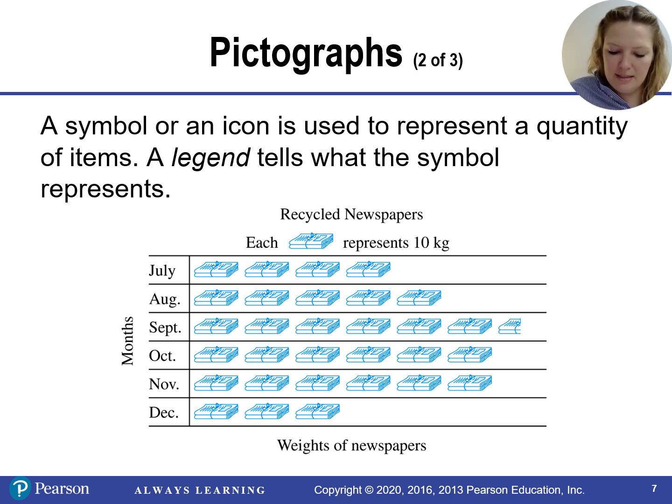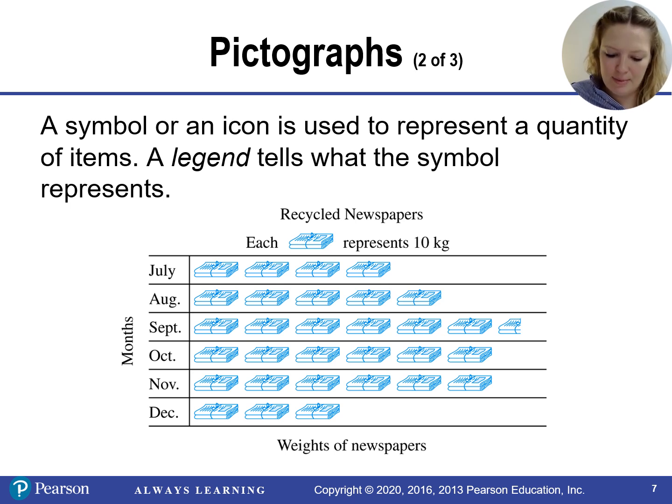So in this example here, we have a pictograph of the months and the number of newspapers that were recycled in weight. Each little stack represents 10 kilograms of recycled newspaper.